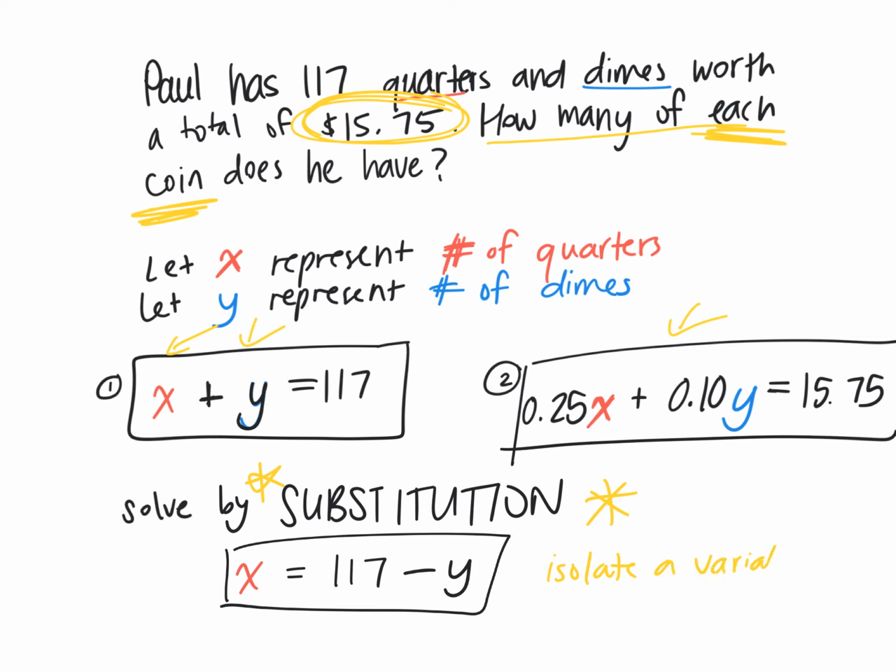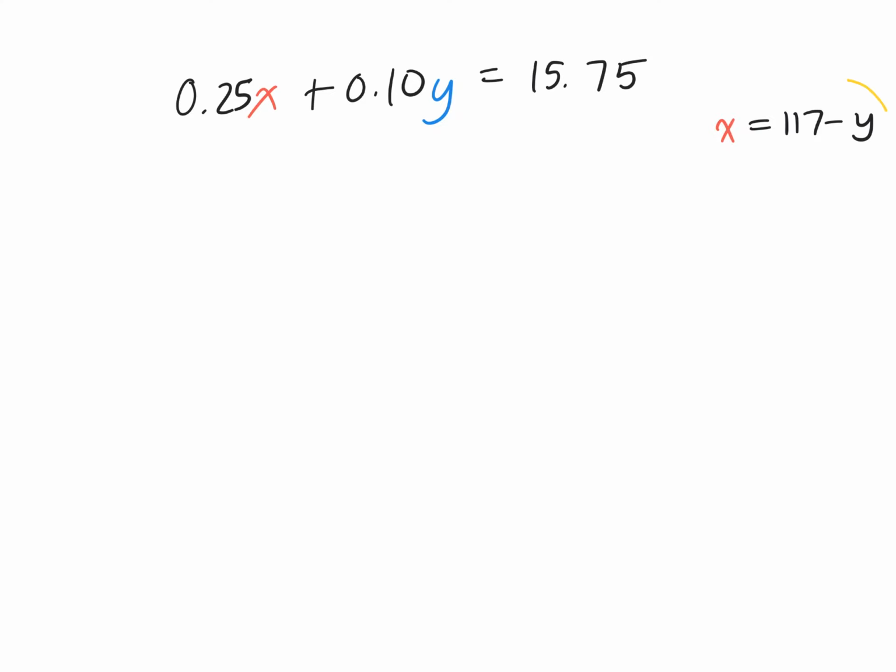Now that I know what x is equal to, 117 minus y, we're going to take that and plug it in where I have x in the second equation, and then we're going to solve it. Do you remember doing this now? So I'm taking what x is equal to, and I'm replacing it into the equation.